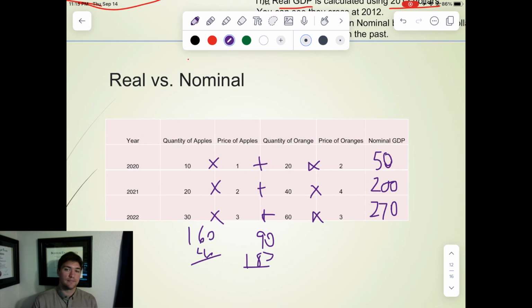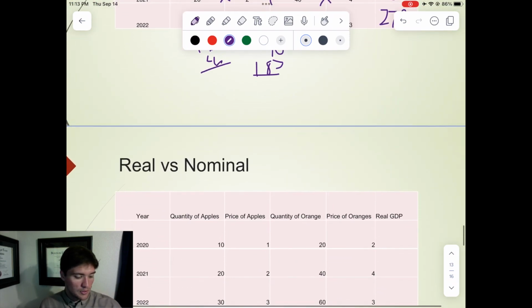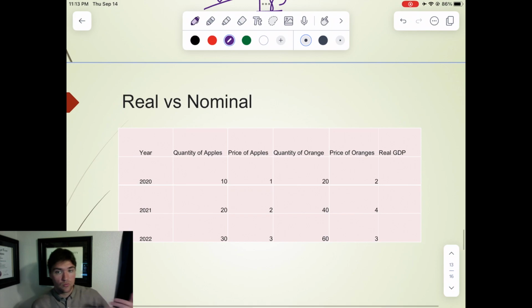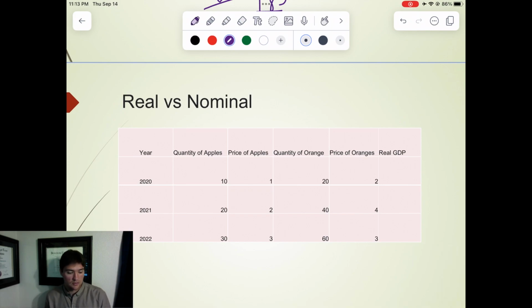That's the difference here. With nominal GDP, we don't know how much of it was from production. So what we're going to do is calculate the real GDP, because with real GDP, we can figure out the actual increase in production.